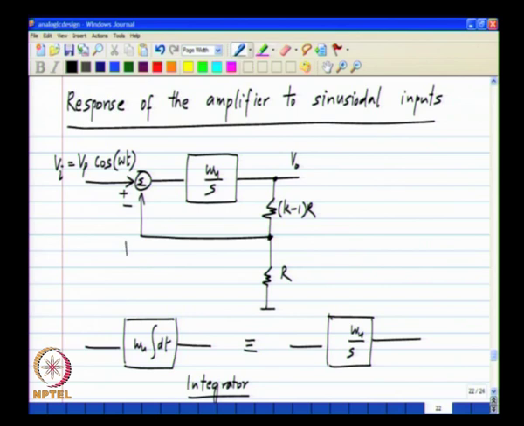So, here we have V naught by k and here we have Vi minus V naught by k. All we have to do is to recognize that the input of the integrator is Vi minus V naught by k and that times omega u by s is V naught.